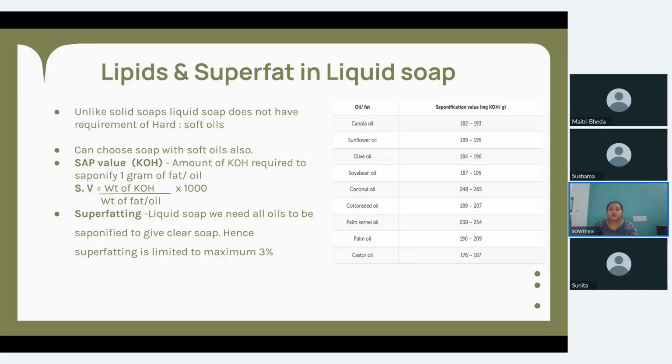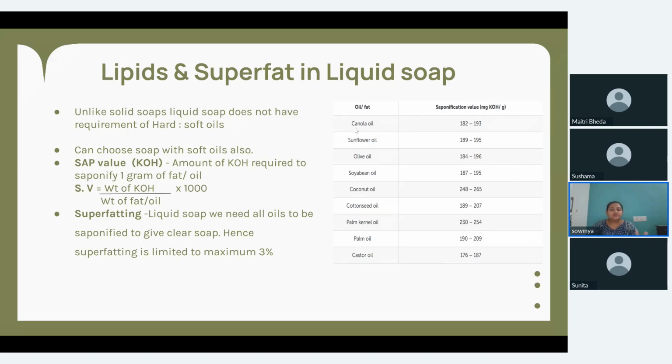I have only listed a few oils, but for all the oils available commercially we have the saponification value. Like for sunflower, it is in the range 189 to 195. For coconut oil, it is 248 to 265.